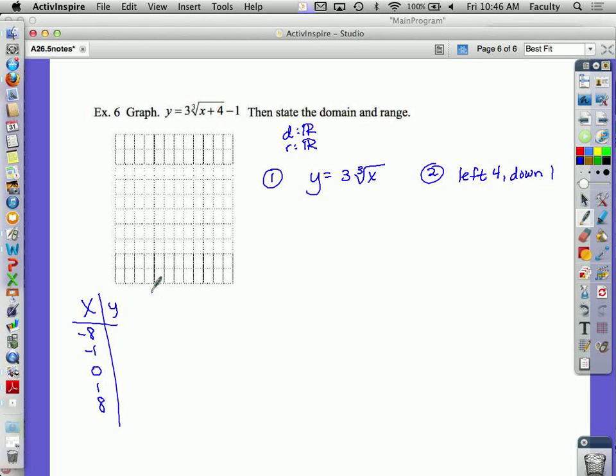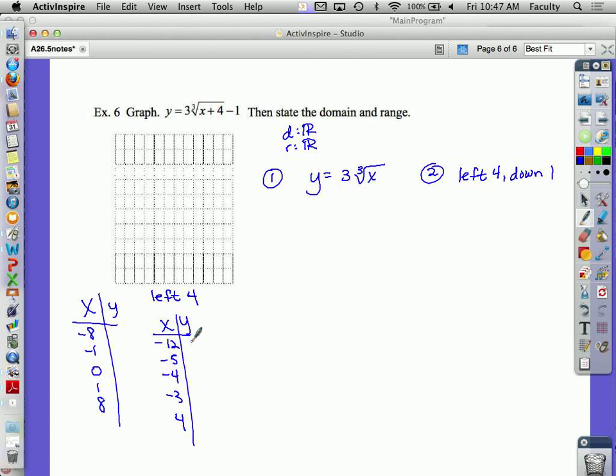But since it's being shifted left 4, I just take my table and I shift all the x values 4 to the left. And make one table, and that's my final graph. I don't fill in the y values on the standard one, because I just need to remember what those x values are. Okay? So you choose your method.